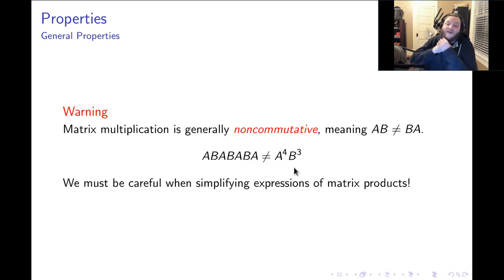So we have to be extra careful when we're simplifying expressions of matrix products, because we might accidentally fall back on the intuition we developed from the world of ordinary arithmetic and oversimplify an expression. And again, this is one thing that makes matrix arithmetic more difficult than scalar arithmetic, but it also makes the world of matrices a little bit more interesting and fun to play with than the world of ordinary arithmetic.